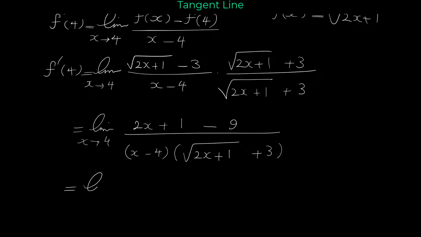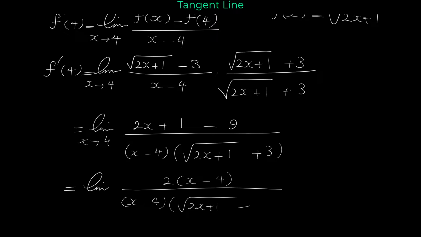Now, let's simplify the numerator. It is 2x minus 8. Between 2x and 8, 2 is the common factor, so if we factor the 2, we can write it as 2 times x minus 4, over x minus 4 times radical 2x plus 1 plus 3, as x approaches 4.